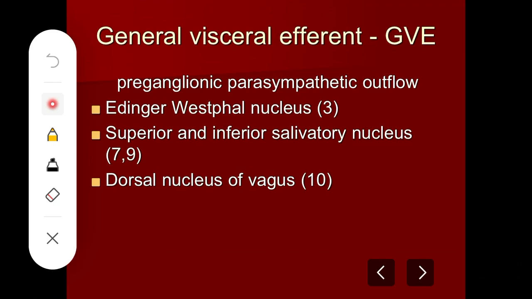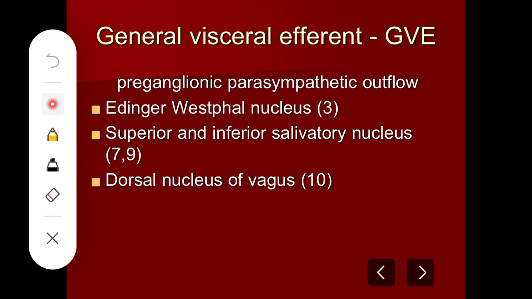You have already studied them. Do you remember the 4 peripheral parasympathetic ganglia in the head and neck? Name them. 1. Ciliary ganglion. Next, otic ganglion, pterygopalatine ganglion, submandibular ganglion. Are you remembering that? These are the 4 peripheral parasympathetic ganglia in the head and neck. The preganglionic fibers of each cranial nerve will come and end in these parasympathetic ganglia, and from there the postganglionic fibers innervate the corresponding gland.